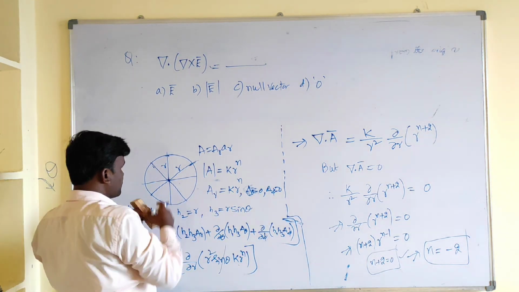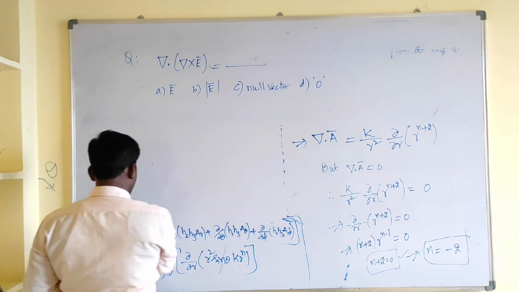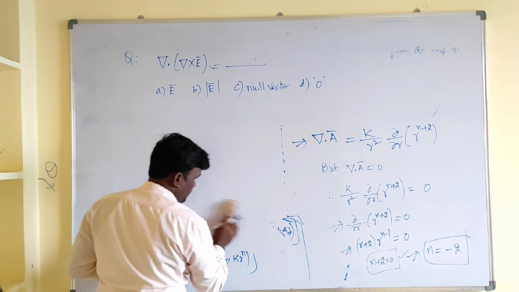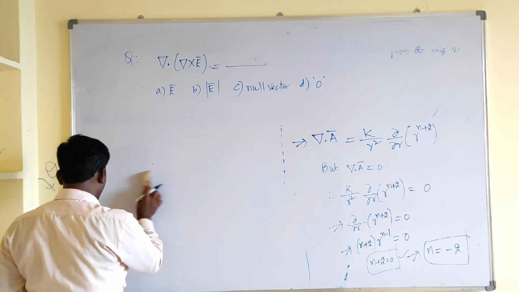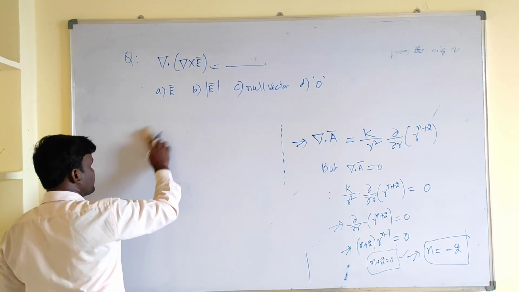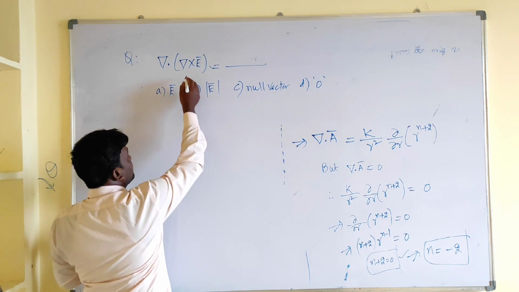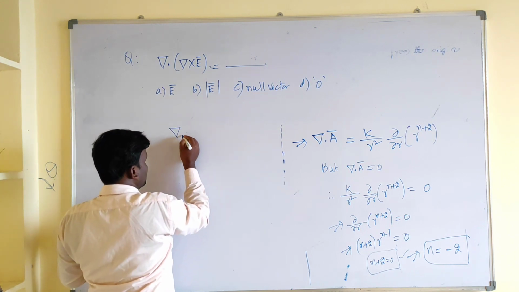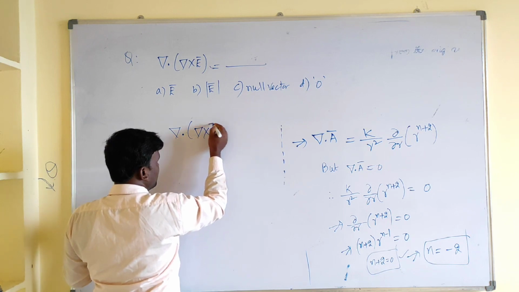Okay. If you want to solve this problem, we just need to apply our common sense. We discussed dot product and cross product. Dot product between two vectors gives a scalar quantity. Cross product between two vectors gives a vector. Here I am considering del dot del cross E bar.